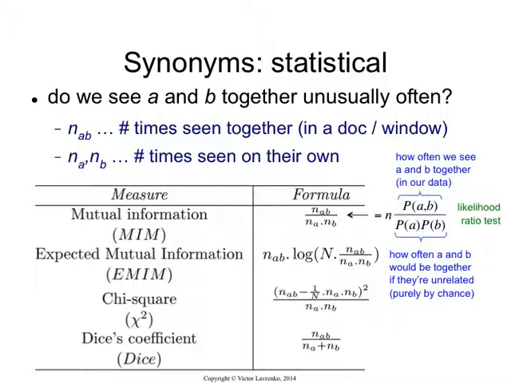So that one has an interpretation. You have others: the chi-square, that's another statistical test, and EMIM is yet another statistical test. So you have lots of choices in how you measure the relatedness of the words. And a lot of the time, the choice comes down to what performs well in practice.